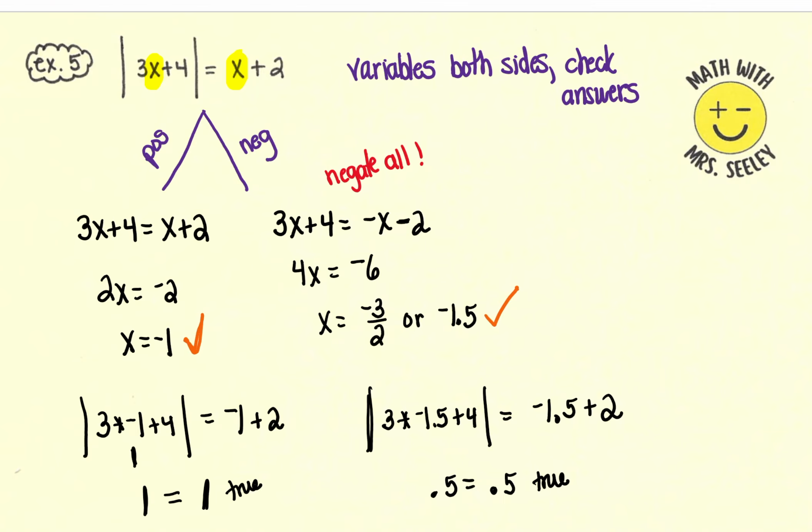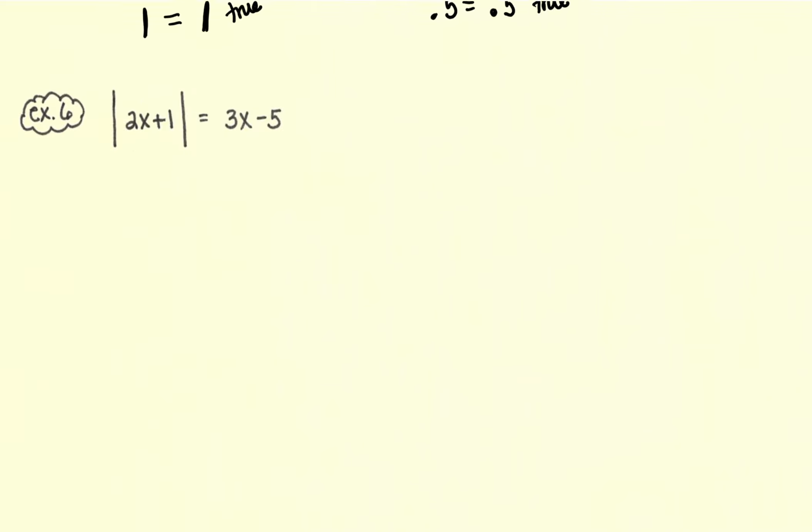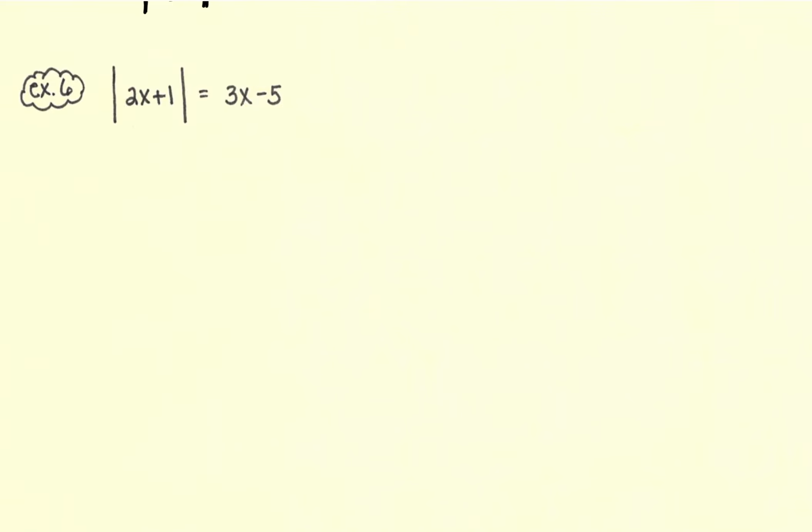All right, let's look at example 6. And if you'd like to, pause the video, try it on your own, and then come back and check your answer with me. All right, so we're going to break it into its two parts, break it into the positive, and break it into the negative. So breaking it into the positive says you have 2x plus 1 equals 3x minus 5.